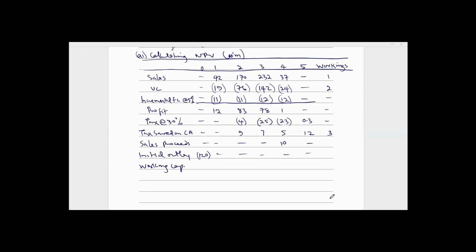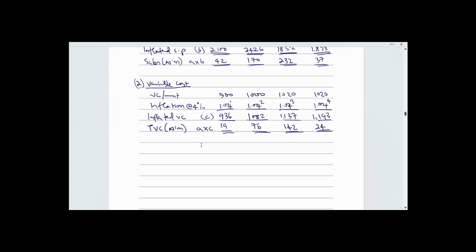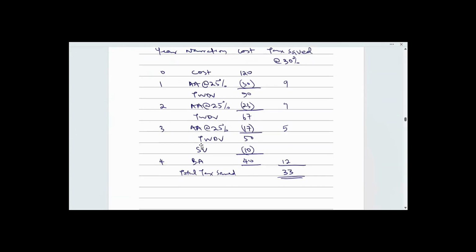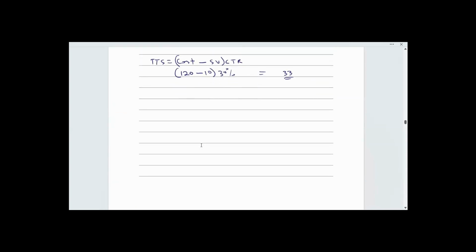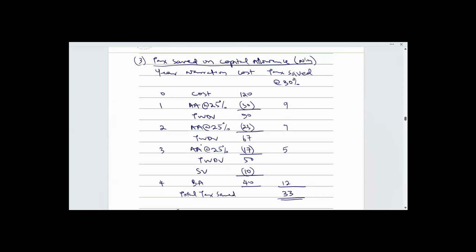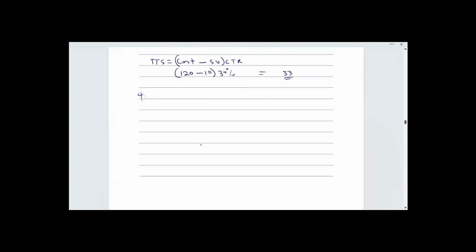So let us go and work out our working capital. Working number 4, working capital. Okay, so I have year 1, year 2, year 3, year 4.